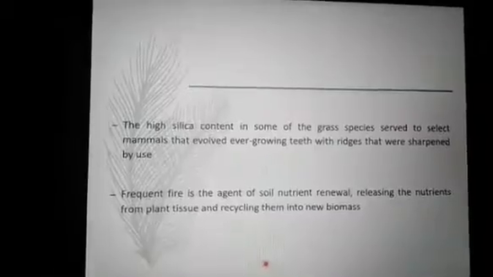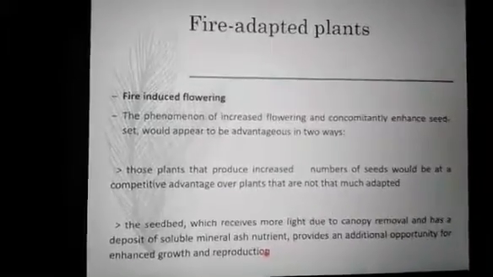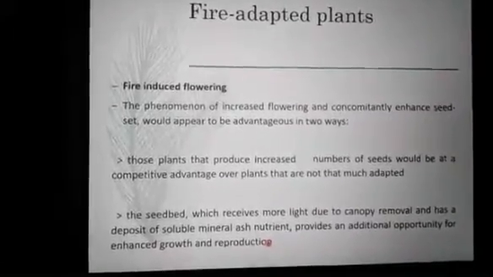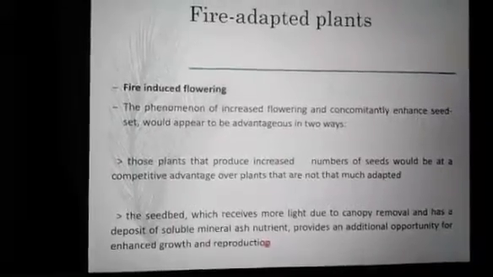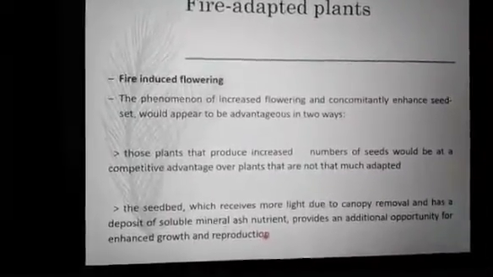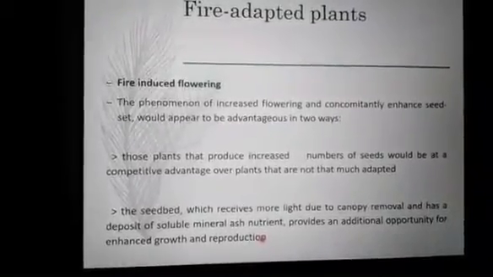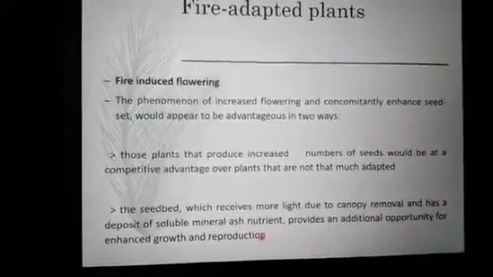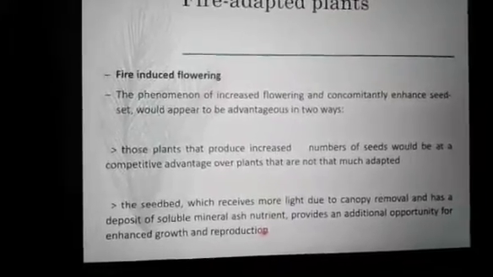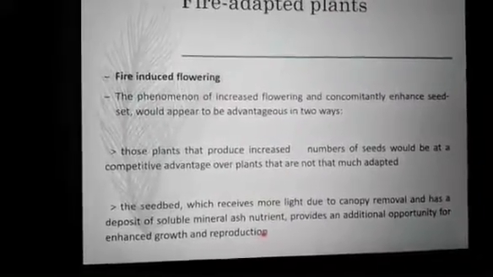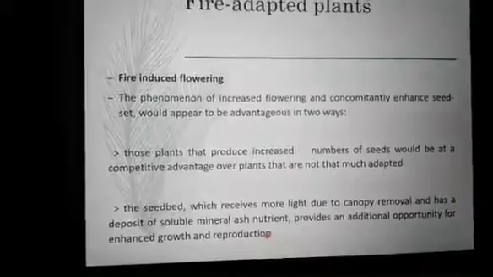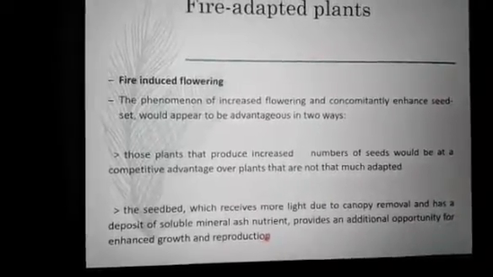So we also have what we call the fire-adapted plants. So we have what we call fire-induced flowering. So the phenomenon of increased flowering and concomitant enhanced seed set would appear to be advantageous in two ways.